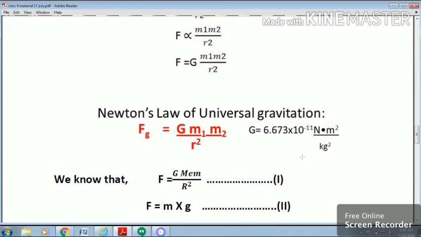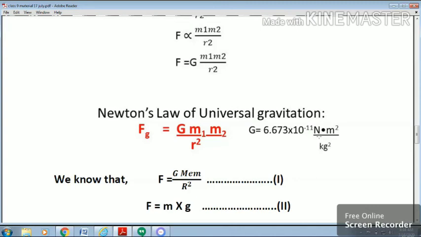Substitute their units. It will be Newton for force, meter square for the distance r into r, and kg square for mass. Hence the unit of G is Newton meter square per kg square. Its value is fixed, 6.67 into 10 to the power minus 11. This is capital G called universal gravitational constant.